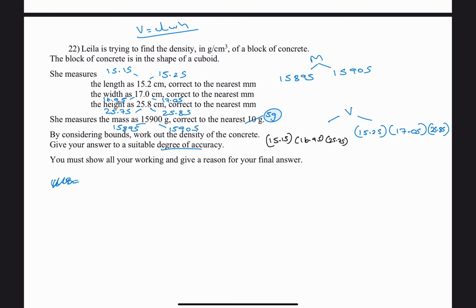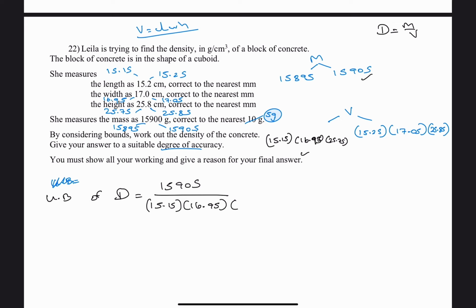What's the formula of density? Density is mass over volume. So you want upper bound of density. So you want upper bound divide lower bound. Upper bound of mass, which is 15905, divided by lower bound, which is 16.95 by the way, and then 25.75.